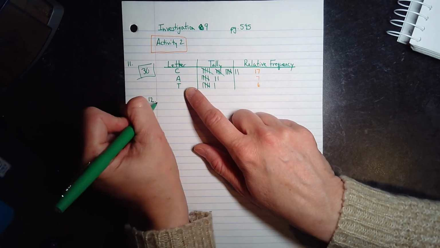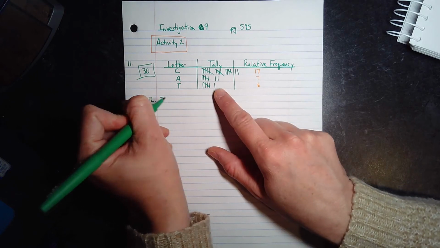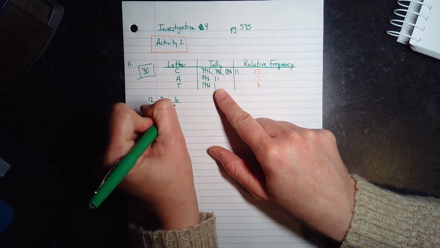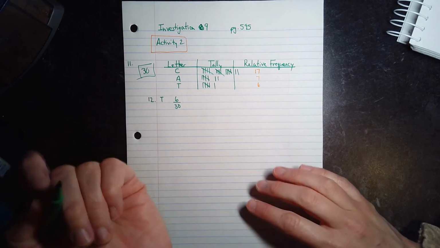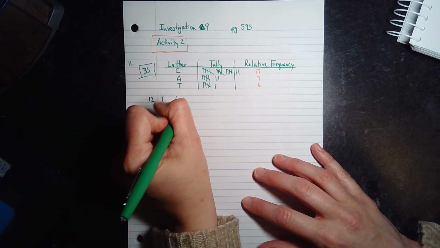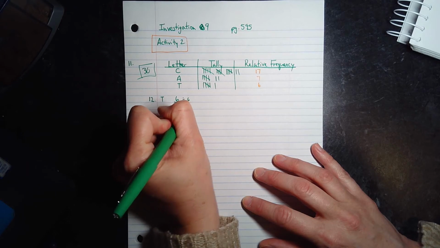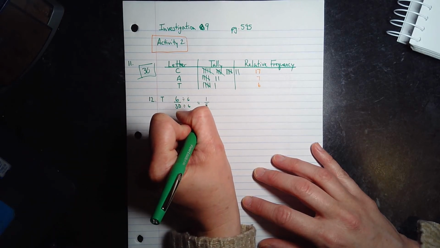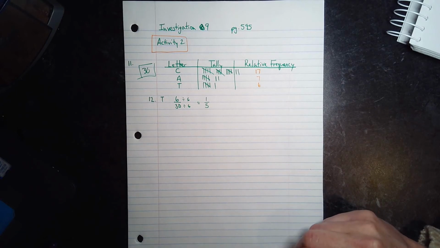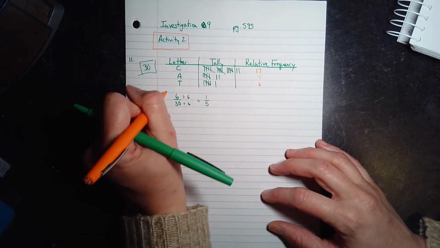I get you. My probability of picking a T, I picked 6 T's out of 30. So I would say I have a 6 in 30 probability of choosing a T. And I could reduce that, right? Because these are actually both divisible by 6. And I end up with a 1/5 chance of getting a T. Interesting. We'll come back to that.